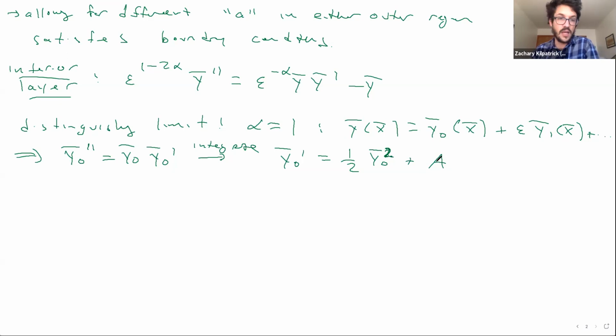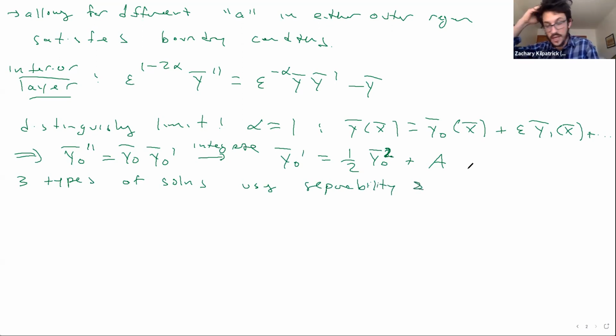One's going to be the special case where a is 0, the other is where a is positive, the other is where a is negative. So let's just write out the 3 types of solutions, okay, using separability and sometimes use partial fractions, other times use trig identities, okay.